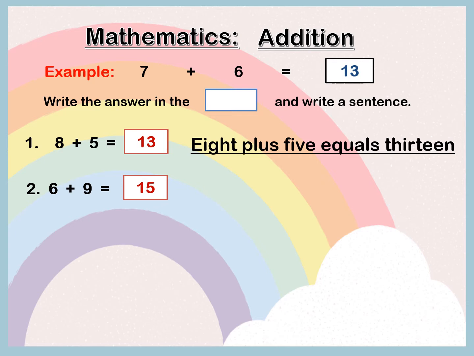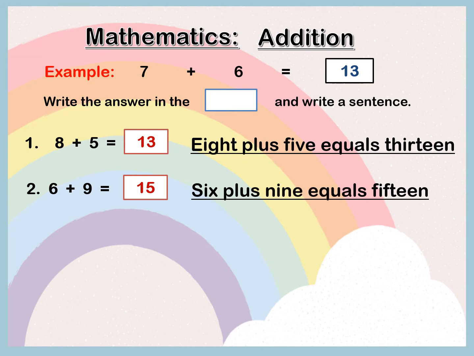Okay, so we are going to make a sentence. We are going to write this equation into a sentence. So we have 6, SIX, plus, PLUS, 9, NINE, equals, EQUALS, 15, FIFTEEN. 6 plus 9 equals 15.